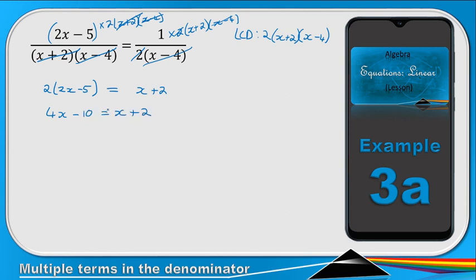And then we just take all the x terms, the terms that contain x, to the left hand side. So 4x minus x, and our constants to the right hand side. So 2 plus 10. And then we have 3x equals to 12. So we divide both sides by 3. And we are left with x equal to 4.